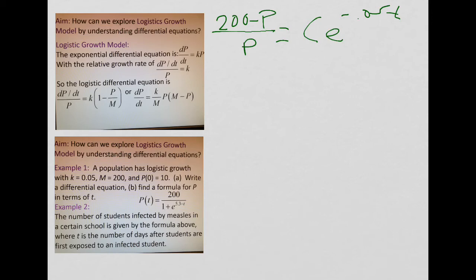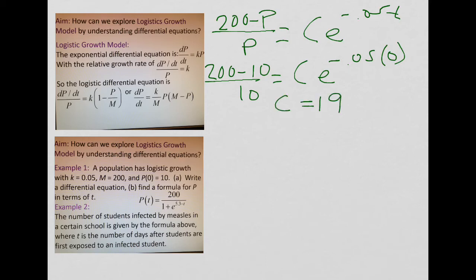It took a while, but p is 10 and t is 0. So by plugging that in, we can solve and find c is 19. So 200 minus p over p is 19 e to negative 0.05t. And from there, we can solve for p.